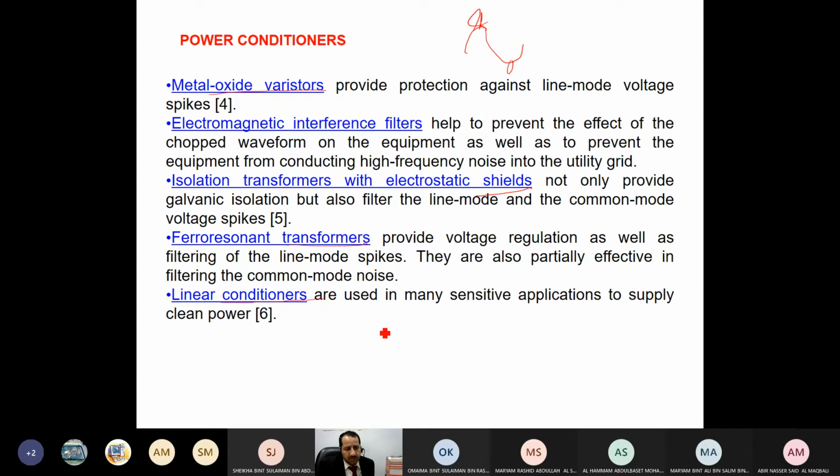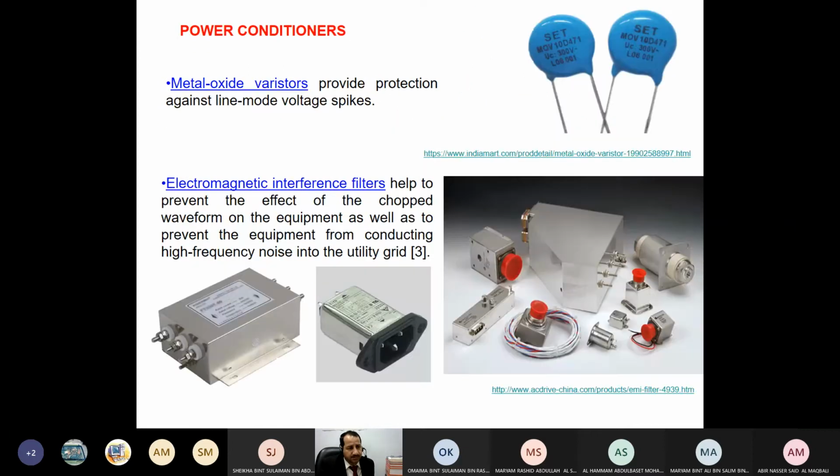Linear conditioner is a circuit like a filter circuit, designed in different ways: active, passive, parallel, series, hybrid. At the end, they aim to reduce specific, targeted harmonics which affect the output.